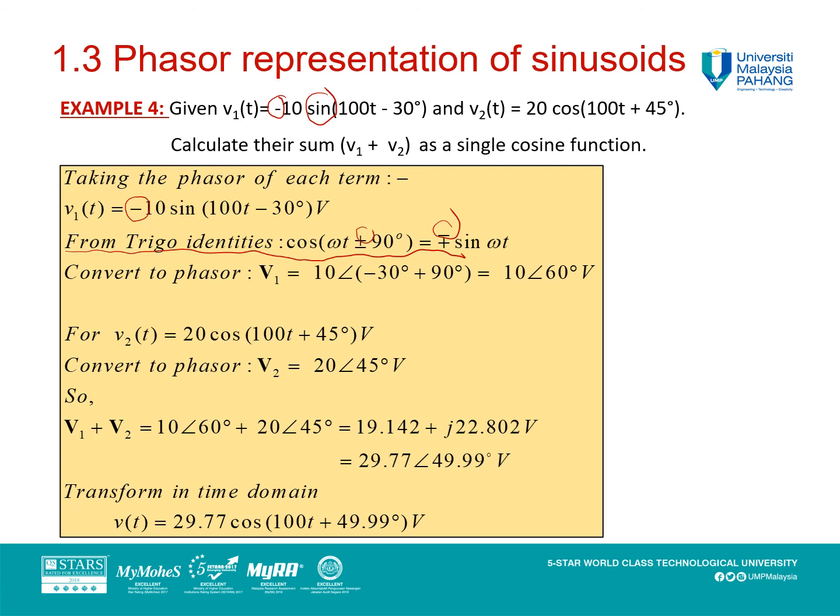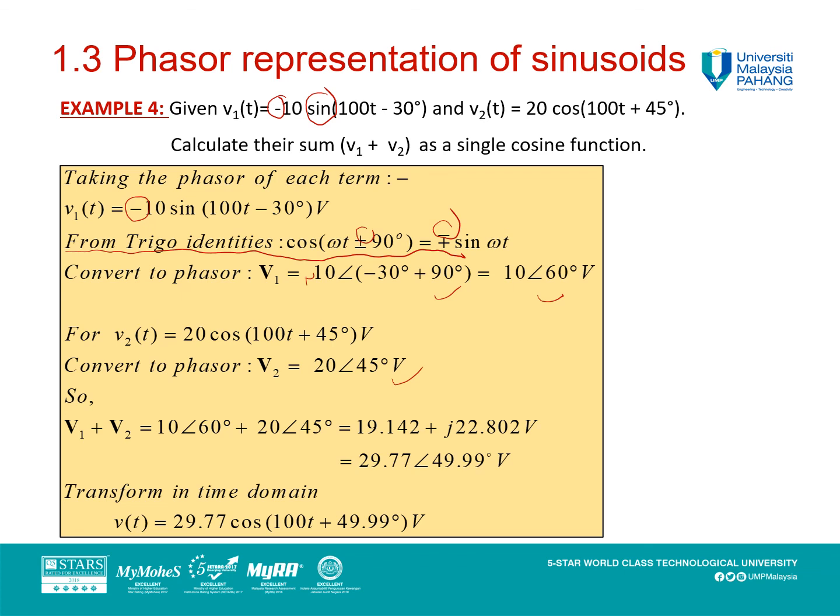So now you have in polar 10, positive magnitude, then in brackets the effect is only on the angle. You just plus 90 degrees and you get the answer for the first, V1. Then V2, directly you can convert: 20, the angle is 45 degrees.